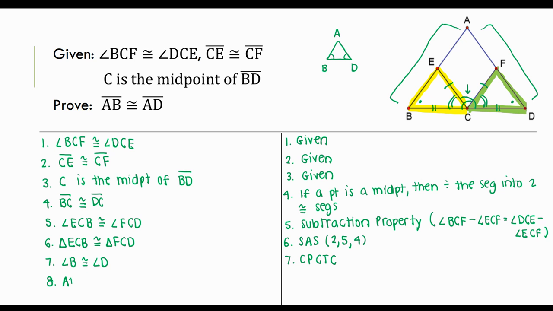So I can say that the segment of AB is congruent to the segment AD, and that is because if I start with those angles congruent, then I know that the sides directly across from them are congruent. But that only happens when you're talking about one big triangle. It's not 2 individual triangles, it's one big triangle.